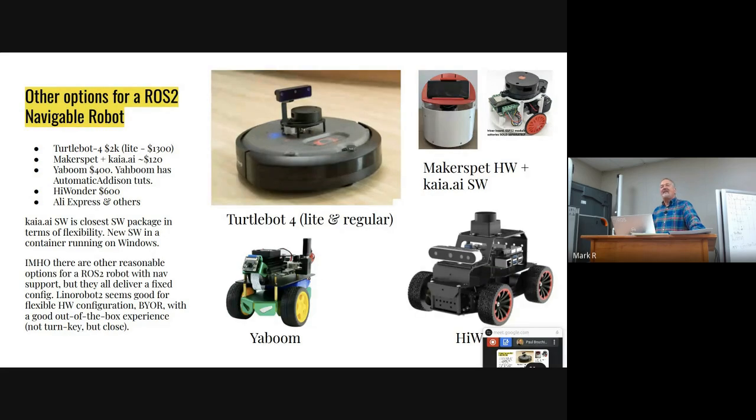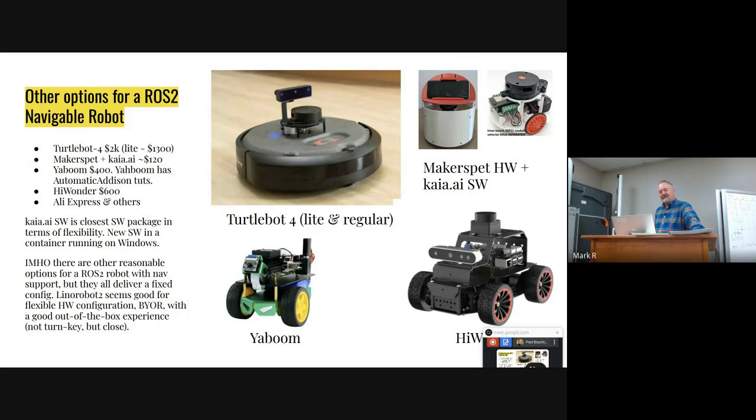You can always hack that, and there are some guys in the Homebrew Robotics Club hacking Turtlebot to use different bases and different sensors, but then it's no longer turnkey. So that's why I differentiate between the specific hardware implementation and the general build-your-own-robot implementation. And that runs 2K for the full-blown one, 1300 for the light.